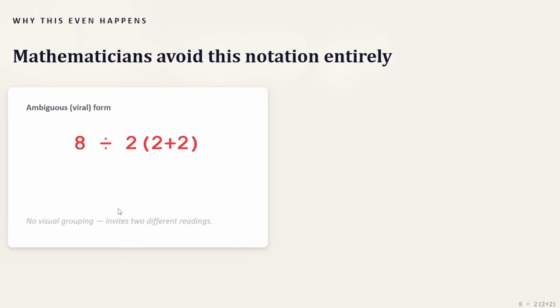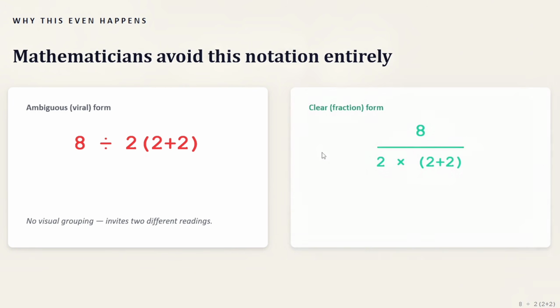They would add a second set of brackets for clarity, or they would write it as a fraction where the ambiguity completely vanishes. If they meant for the 2 to be multiplied by the sum first, they would write it as 8 over 2 times the quantity 2 plus 2, where the denominator is long.